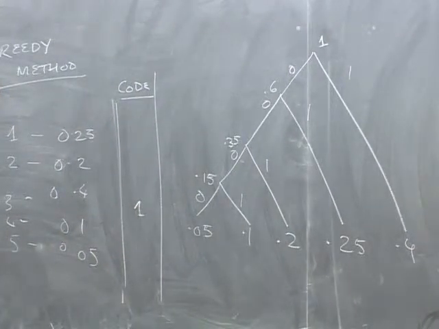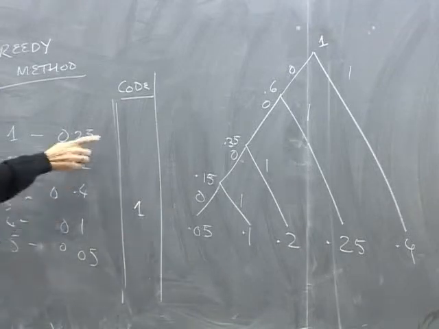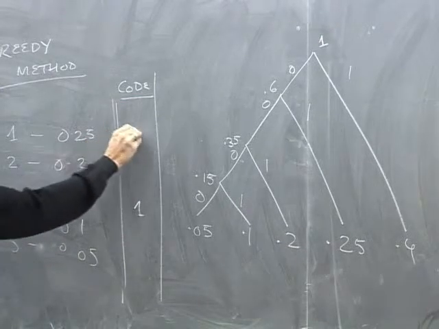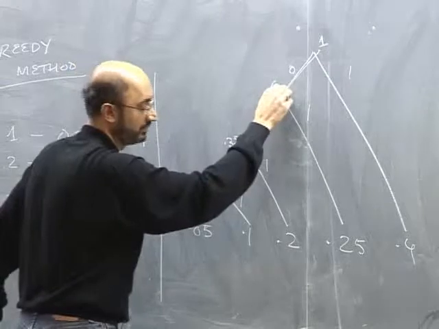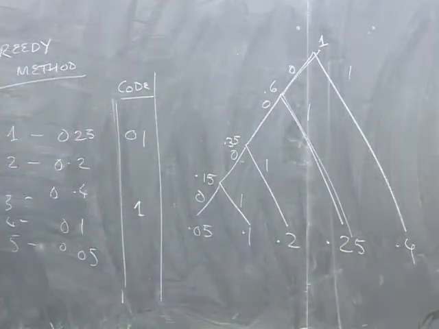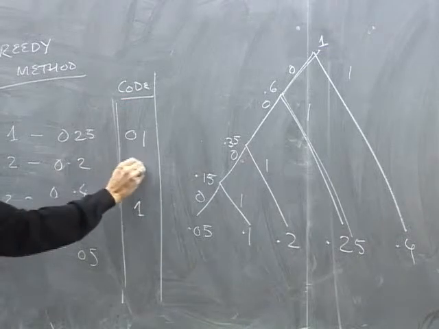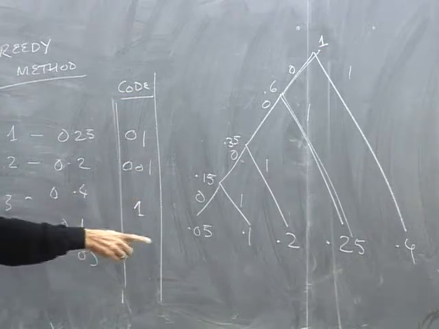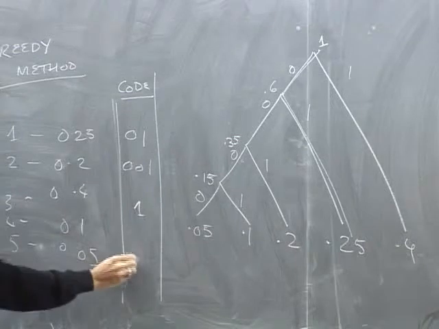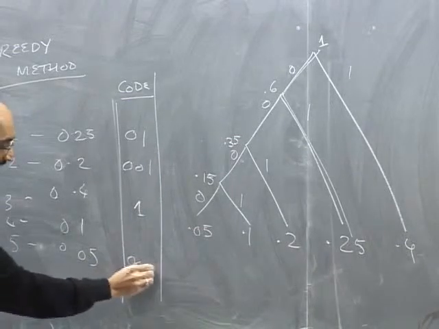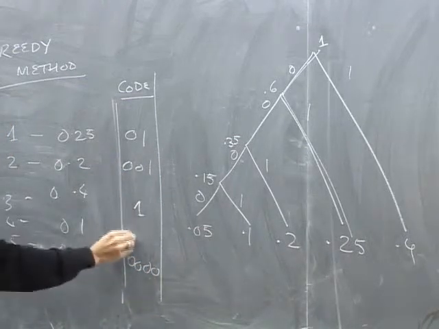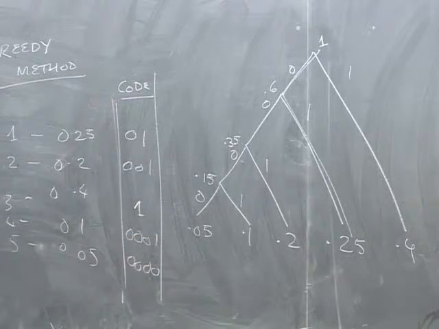The message which has the weight 0.25, which is this one over here, is going to be 0, 1, because that's the path we took, 0 and then 1. The message with weight 0.2 is going to be 0, 0, 1, and then the 0.05 is going to be 0, 0, 0, 0, and this one is going to be 0, 0, 0, 1.